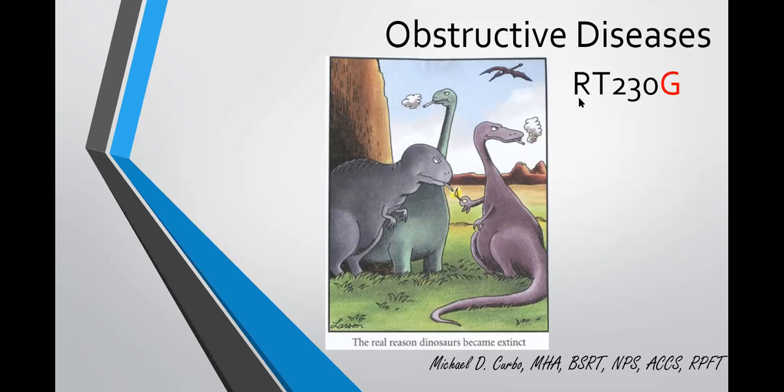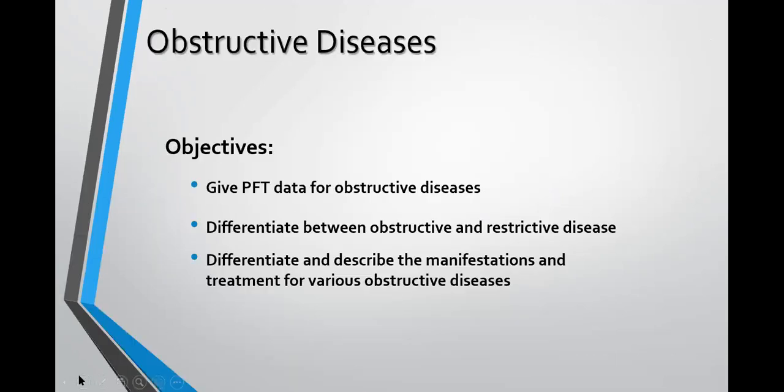Now, COPD is made up of C-babe diseases, okay? They're made up of a list of diseases. And if you have two or more of the diseases, you're considered to have COPD, all right? So the objectives: you'll be able to understand some pulmonary function test data for obstructive diseases, and know the difference between obstructive and restrictive.